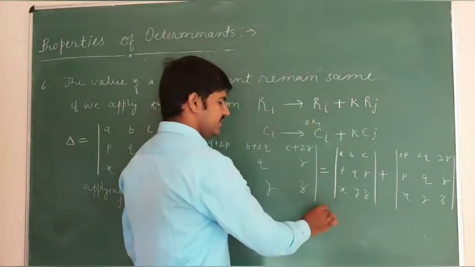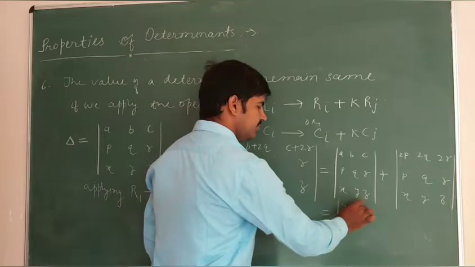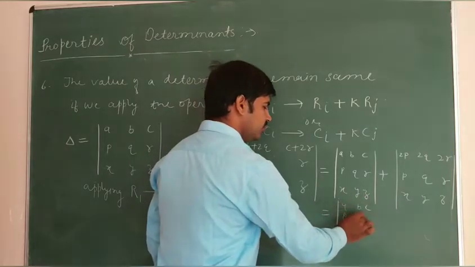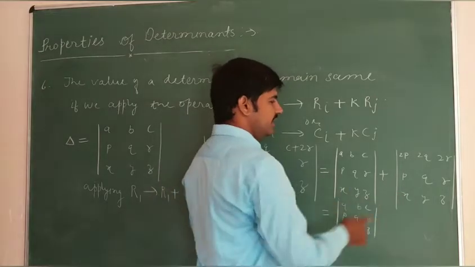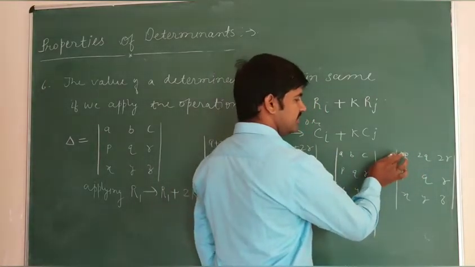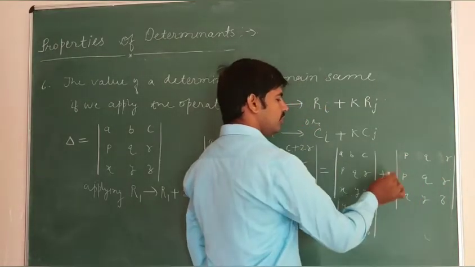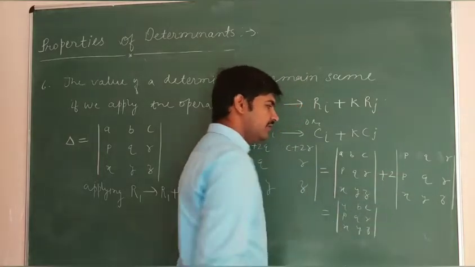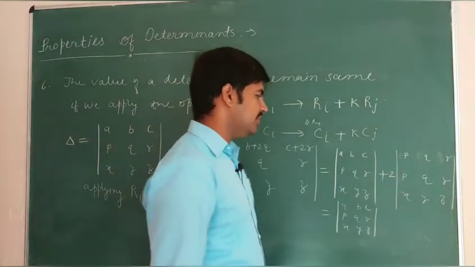Now students, this determinant will be as it is, ABC PQR XYZ, and on this side, since there is 2 common in R1, this is one of the properties that if there is something common in any particular row or column, we can take that particular element or number common from the determinant. So I have taken common.